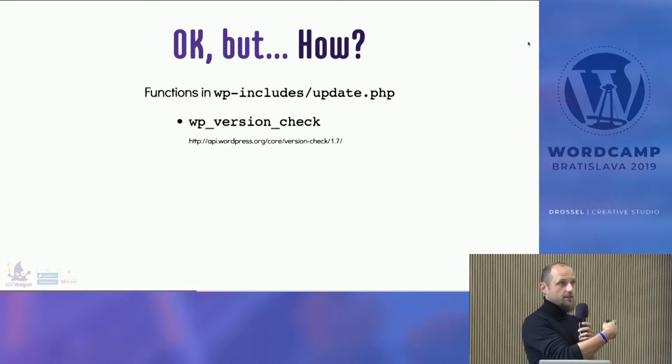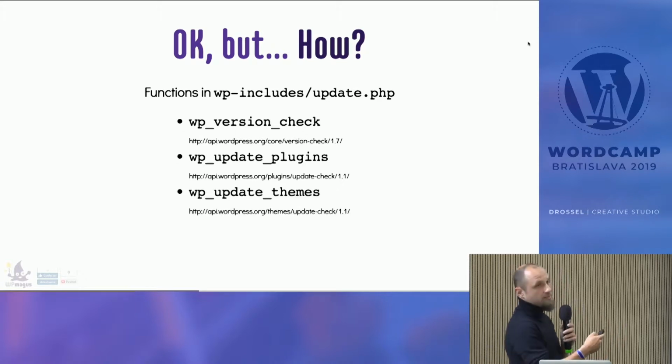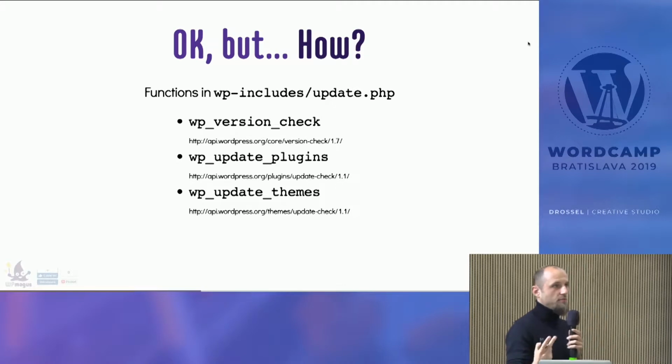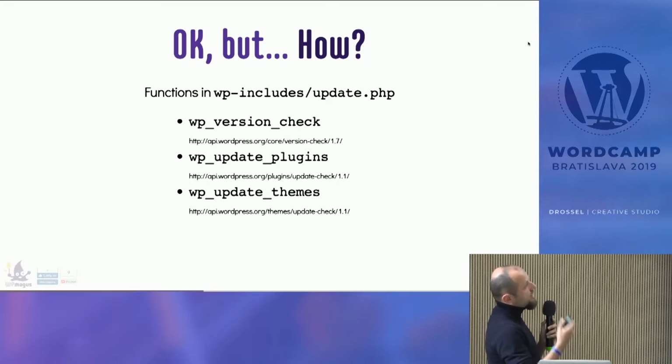The name is the same as the event, so it's easy to find. wp_update_plugins and wp_update_themes. These are the three functions that are used for checking the info about updates, right? All of these functions are documented, so you can read more about those functions.